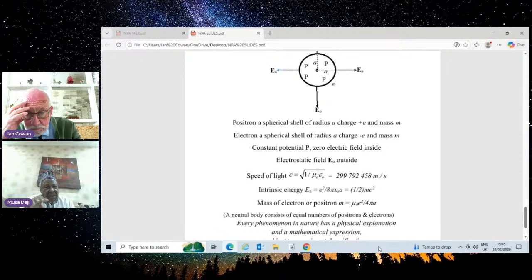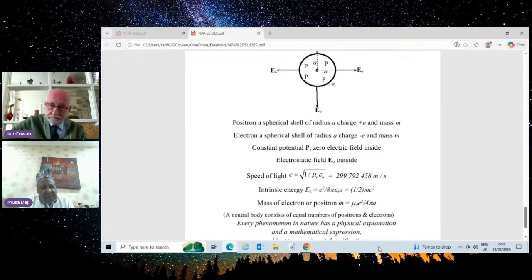The electrostatic forces of attraction and repulsion from the charges in a neutral body cancel out everywhere in space. Exactly. But the gravitational forces remain because these charged particles have masses. And as such, they have gravitational force in accordance with Newton's inverse square law.